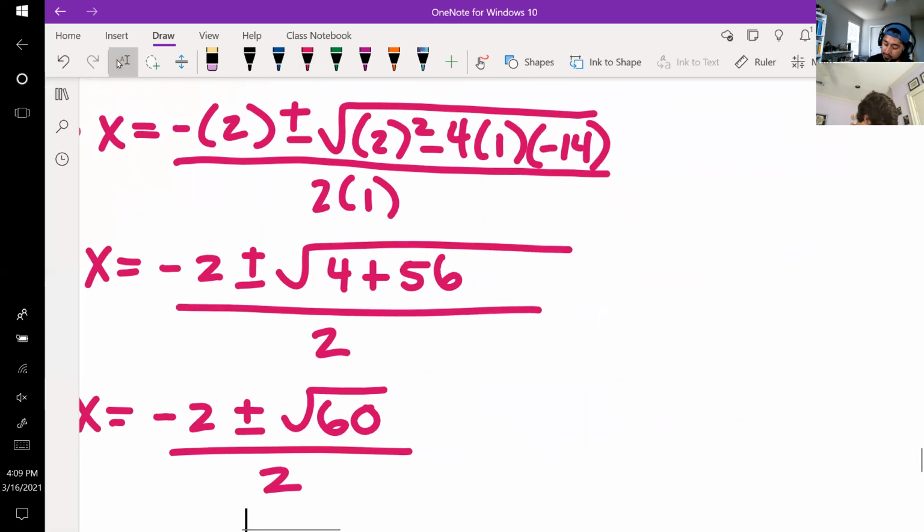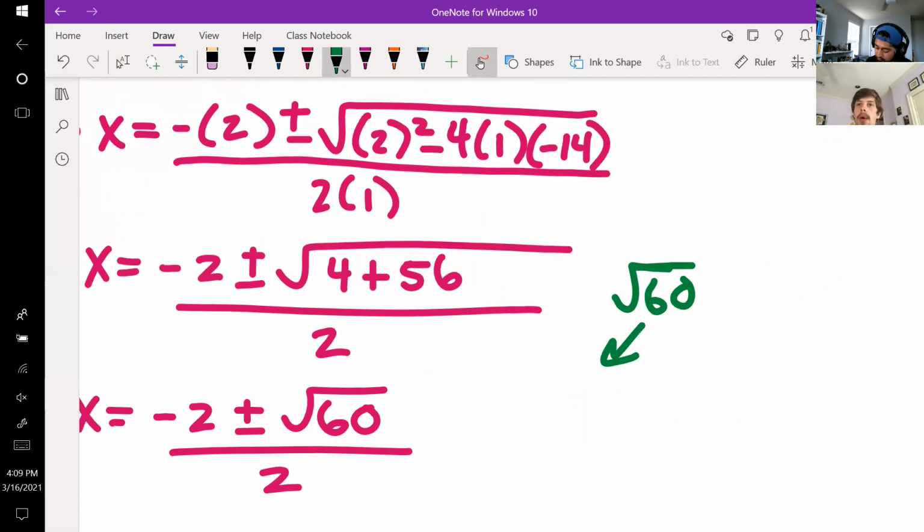And can we break down the square root of 60? 4 and 15.